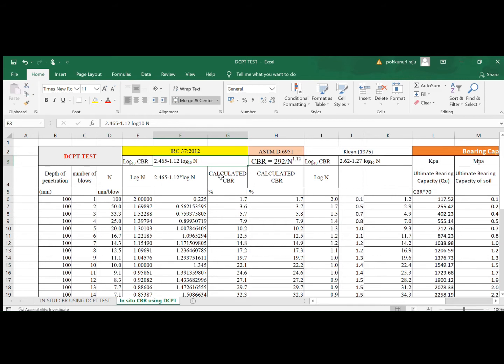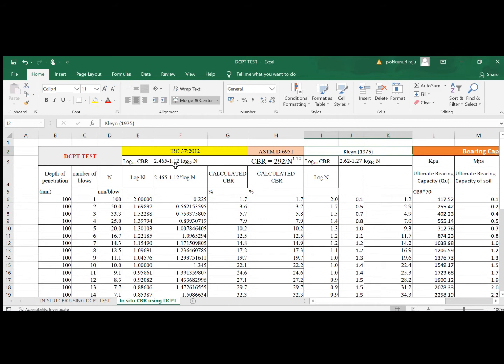The equation given by ASTM D6951 is CBR equals 292 divided by N to the power 1.12, and the equation developed by Klein in the year 1975 was log of CBR base 10 equals 2.62 minus 1.27 times log of N base 10.